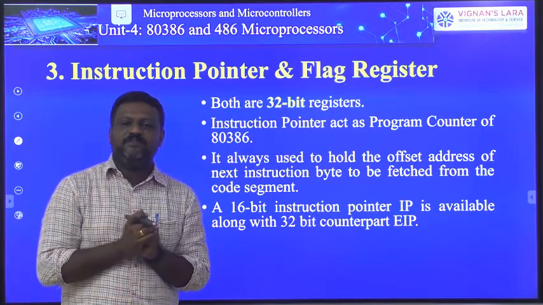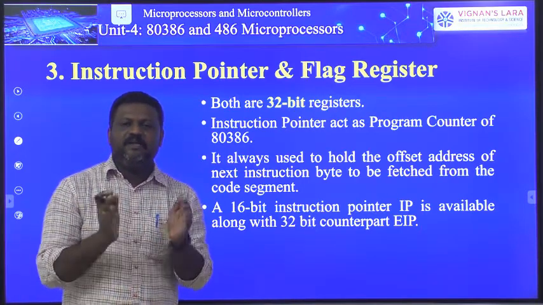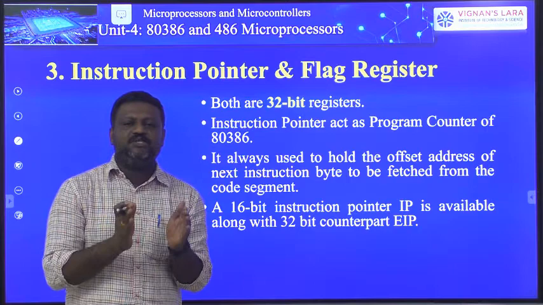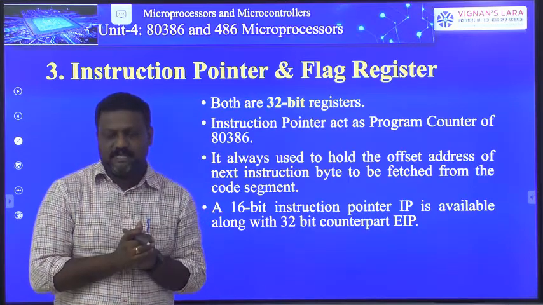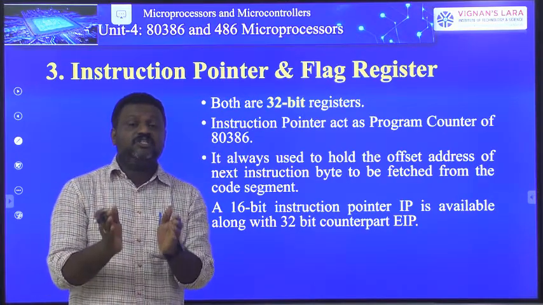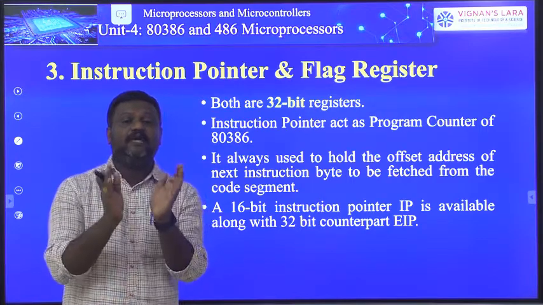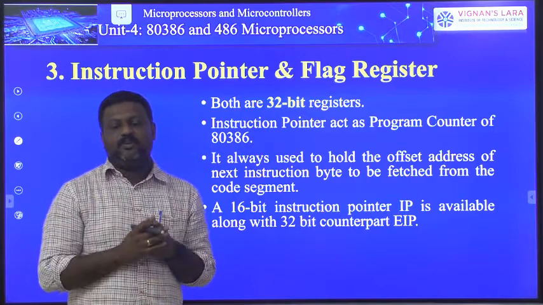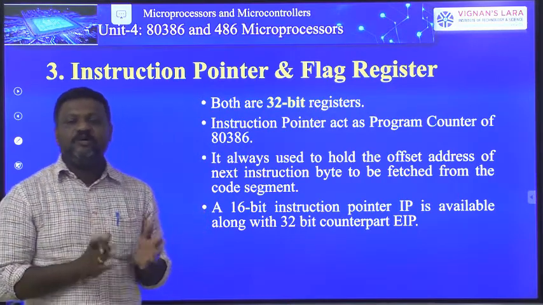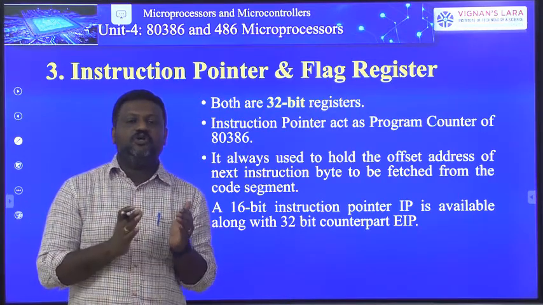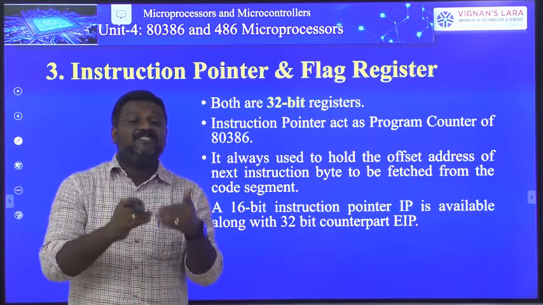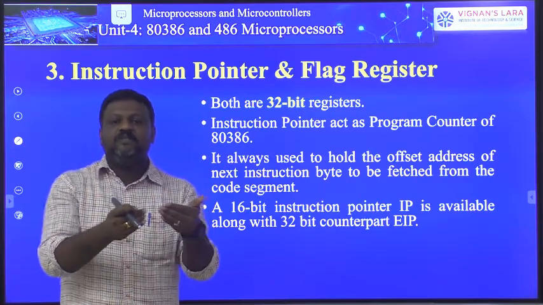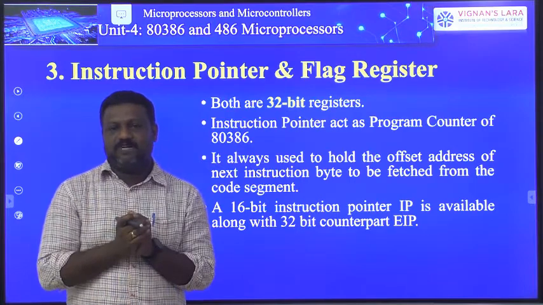The job of the instruction pointer register IP is to hold the offset address of code in a code segment. That means the instruction pointer IP holds an offset address for code segments. Or we can say in another way, the instruction pointer IP holds the address of the next instruction byte we are going to fetch from the code segment.